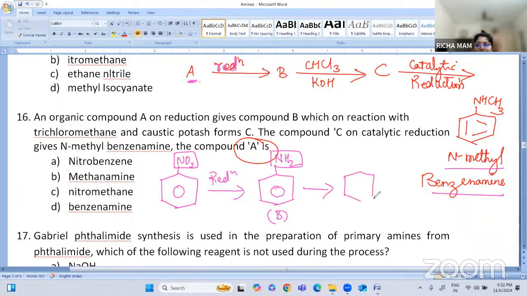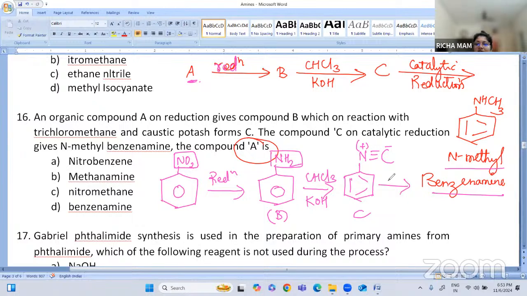I'm going to get an isocyanide. When you react it with caustic potash and chloroform, I am going to get isocyanide.